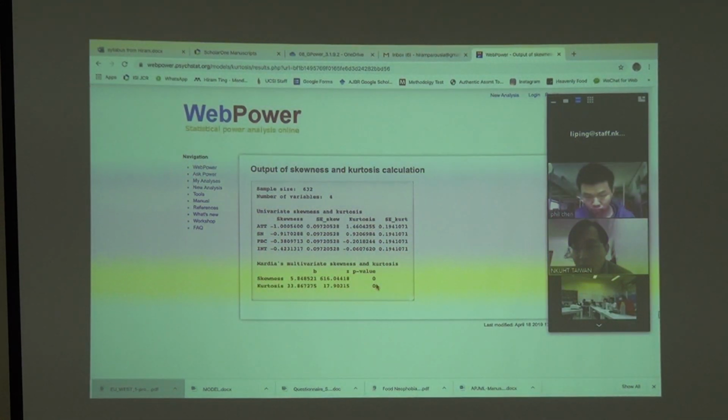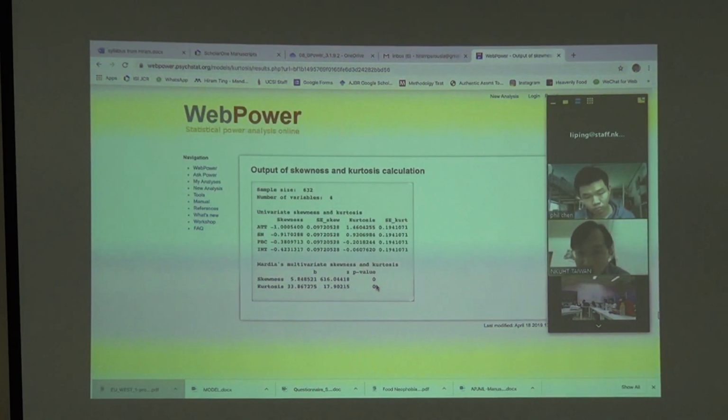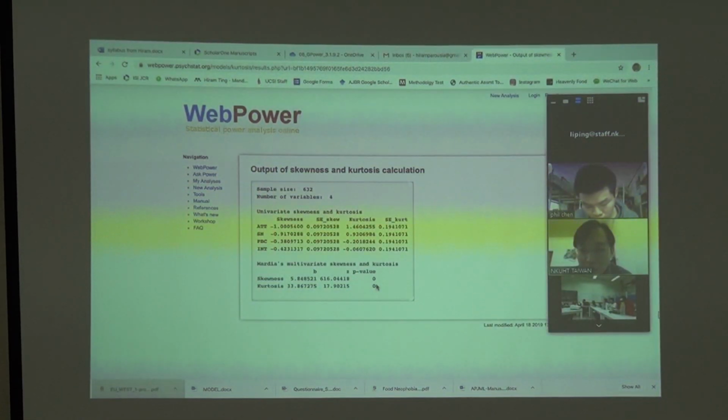When the p-value is significant, it means your data is not normal. So when your p-value is significant in Mahalanobis multivariate kurtosis assessment, it means your data is not normal.